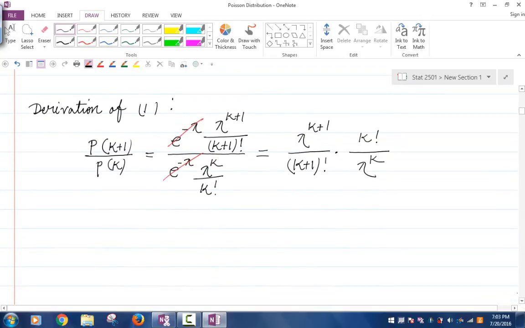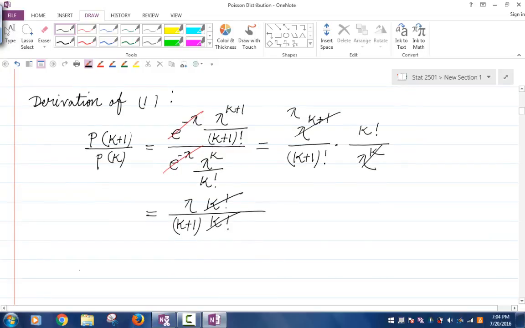Now we realize that lambda to the k and lambda to the k+1 reduces to lambda over 1, and so what I have now is lambda times k factorial divided by, now k+1 factorial that I have in the denominator, we will write it as k+1 times k factorial, so then we can cancel out k factorial.